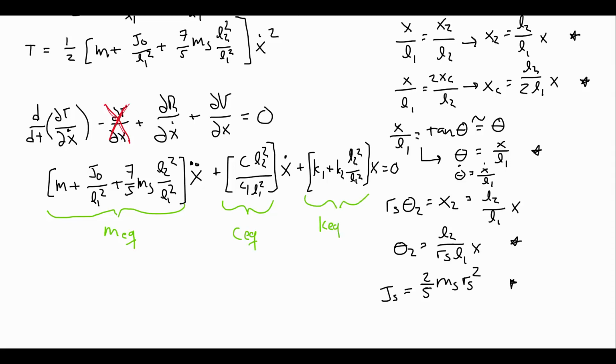So I can rewrite my whole expression now that I know the equivalent mass, equivalent damping coefficient, and equivalent spring constant. I'll drop the EQs just for this. So this is what my equation of motion looks like. Right? And with these m's, c's, and k's that I have above.